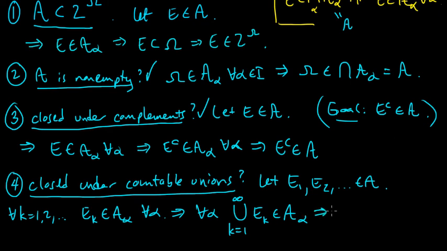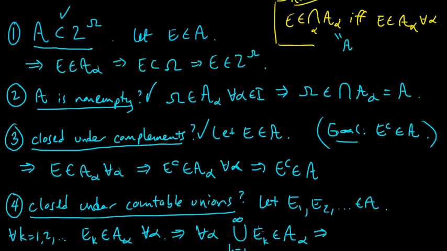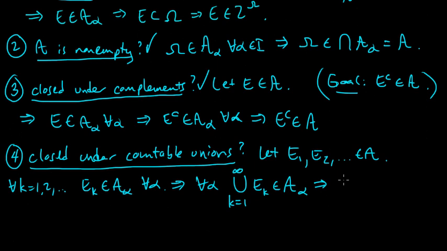And therefore, using this, the union of all the E's is in A alpha for all alpha, and that implies the union is in the intersection. So the union of all the E's is in A. And that's what we wanted to show. We wanted to show that this was closed under countable unions, so the union was in A. So we got it.